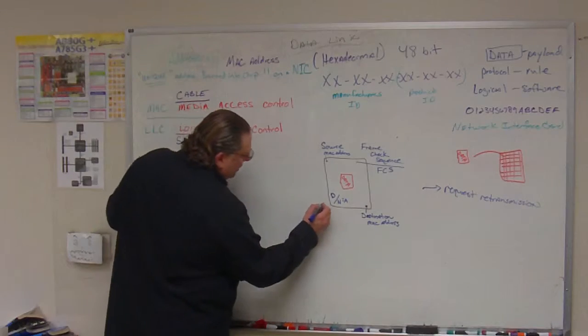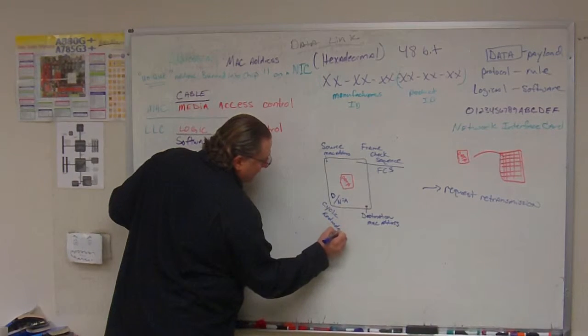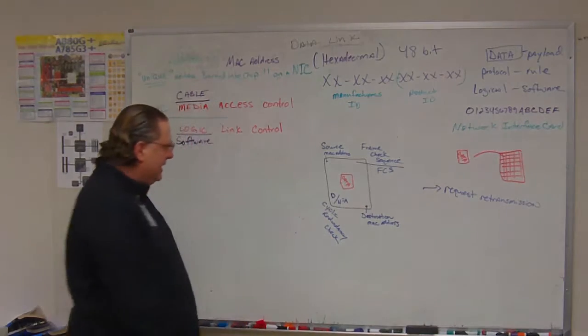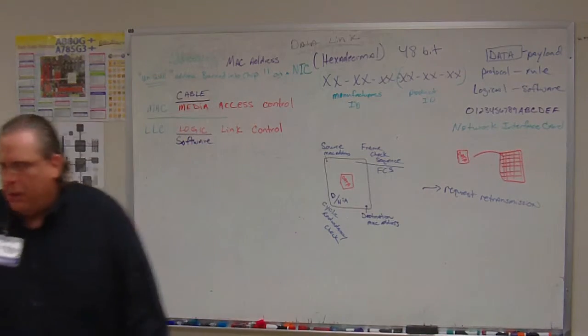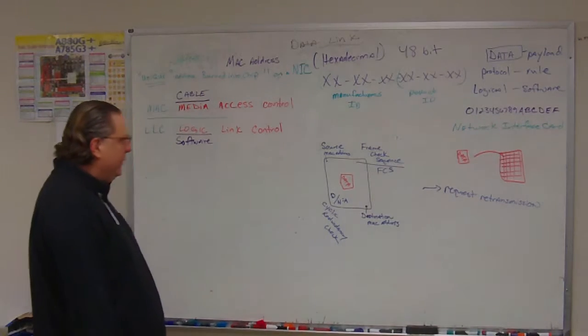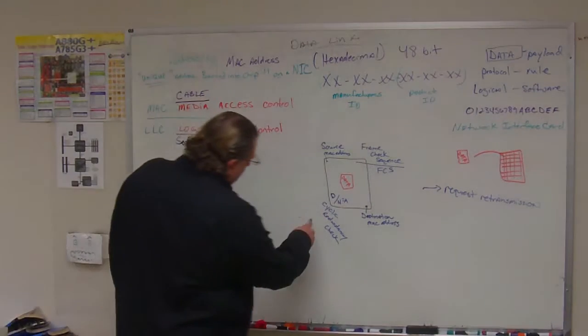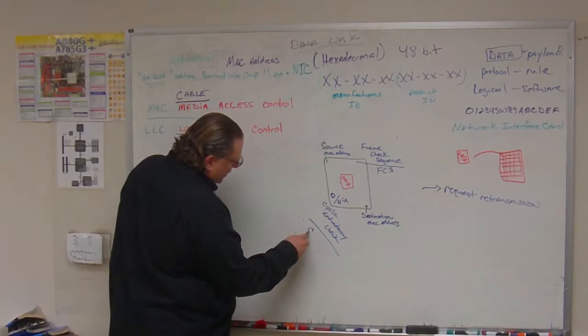This is called the cyclic redundancy check. And again, on a test, the first time you use this, please write out cyclic, C-Y-C-L-I-C, redundancy check. After that, you can shorten it to CRC.